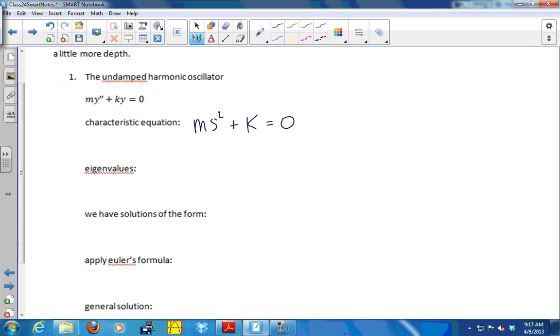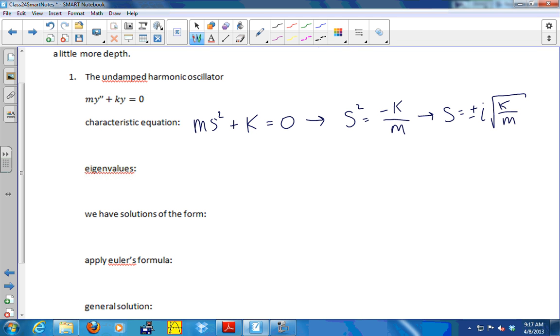My eigenvalues I get by solving the characteristic equation, right? So this says that s squared equals negative k over m. And if k is positive and m is positive, then negative k over m is negative, right? So I get s is plus or minus i times the square root of k over m.